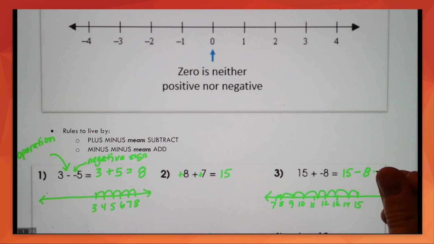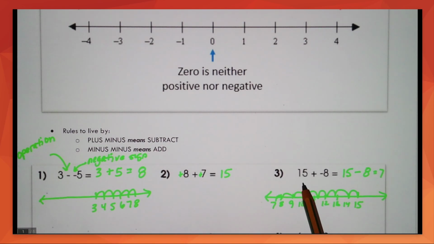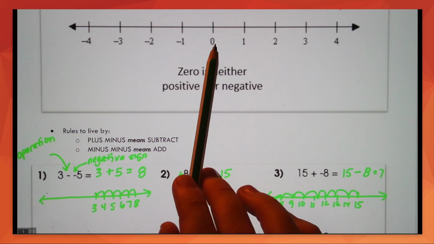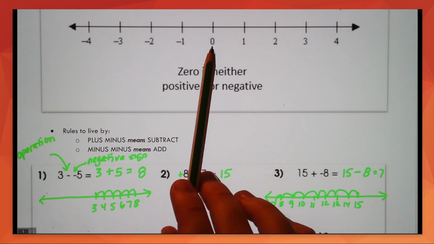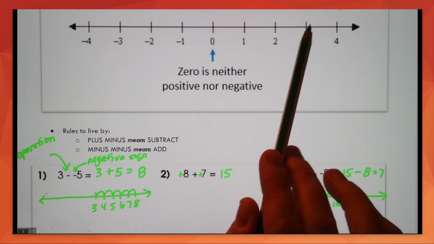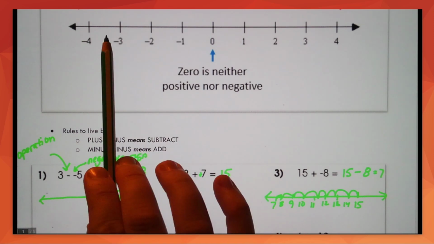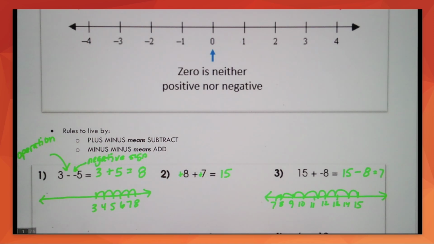My answer is 7. It's a positive 7, not negative. I'm still in the positive area. What I subtracted from 15 was not enough for me to go past 0 to where I would get a negative number for my answer. But that's what we're going to experience next.